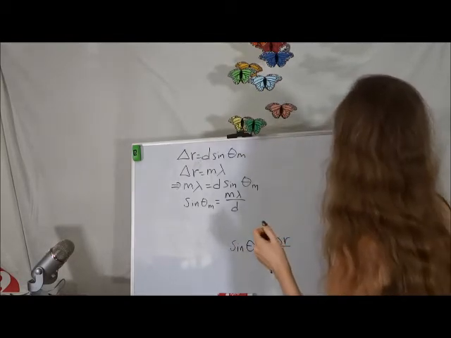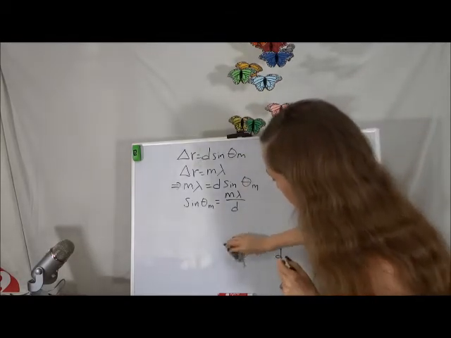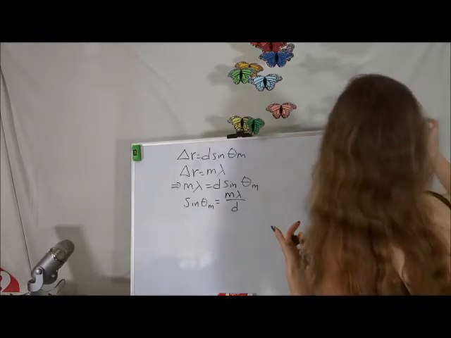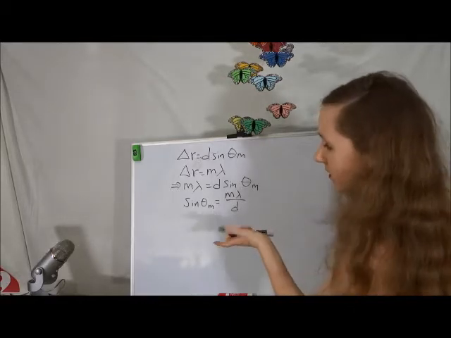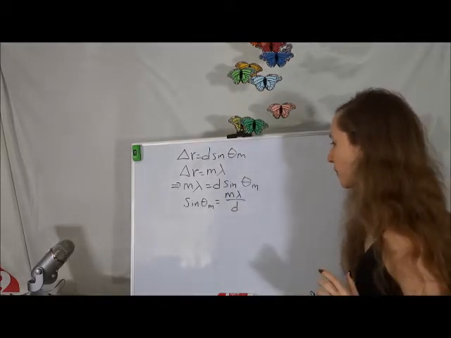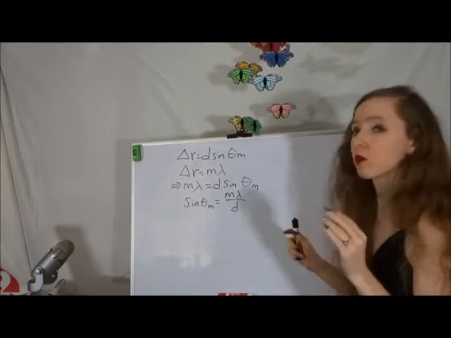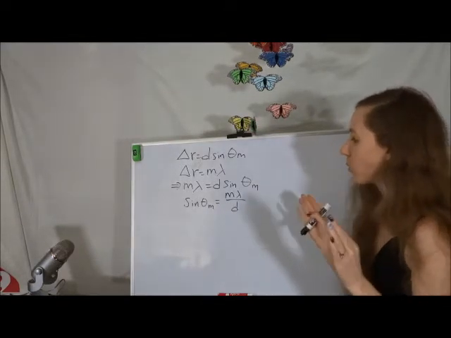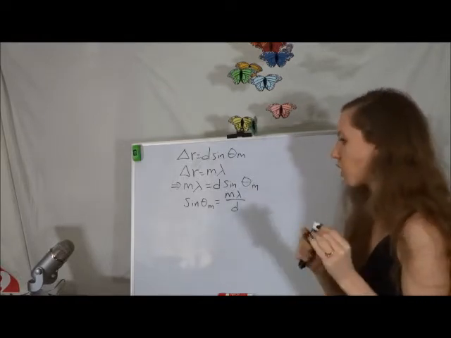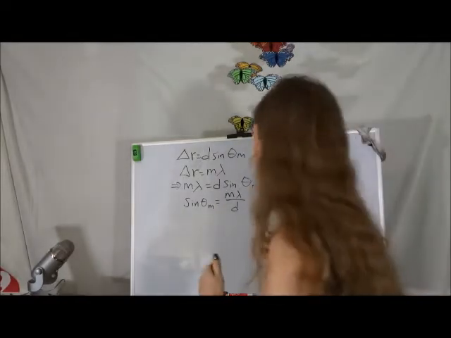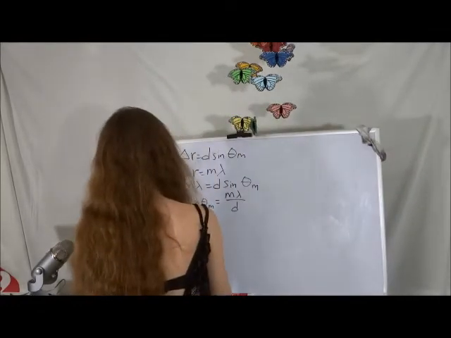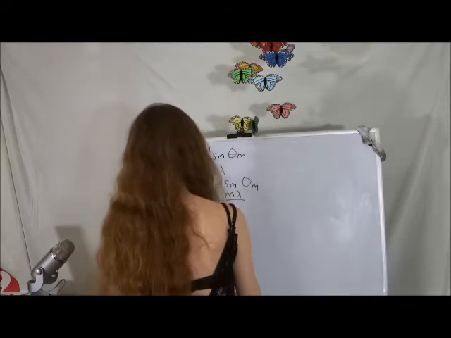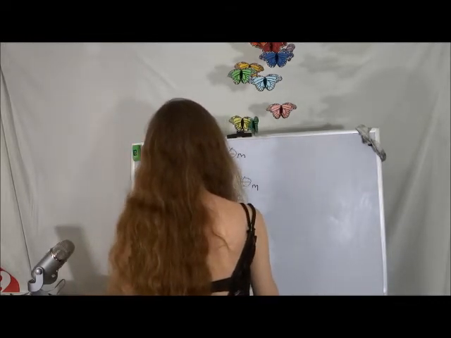Now, at first pass, this equation may not seem very useful, because our ultimate goal is still to figure out what our height is for our bright fringe, and that equation has tangent in it, not sine. So why did we take all this trouble to solve for sine? Well, recall that our angle has to be really small. And when we have a really small angle, we can use what's called the small angle approximation. The small angle approximation tells us that sine theta is approximately equal to tan theta.